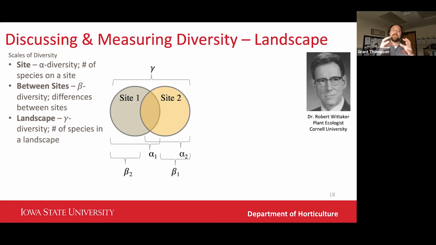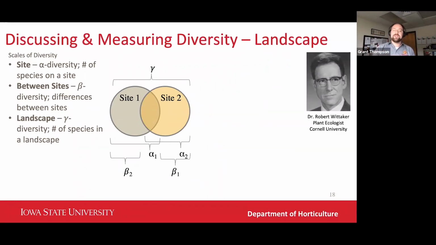So alpha diversity is the number of species or the richness within a single site. So if I go out and I check my 10 meter by 10 meter plot, the number of species that I find in there. Beta diversity is the difference in overlap between species across 2 sites or multiple sites. So which species are present here and which species are present there that are different.